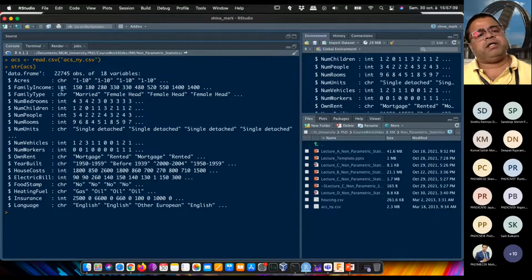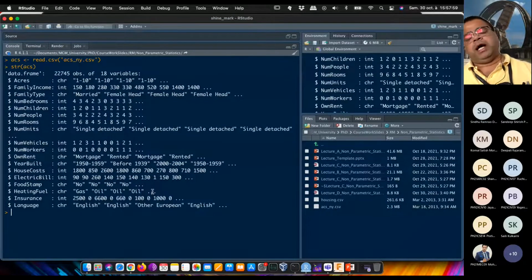Then the number of units are single detached, single detached, single detached. Then owned rent is mortgage, rented, mortgage. So there are two kinds of variables. Heating fuel is gas, oil, gas, oil, all that is there.